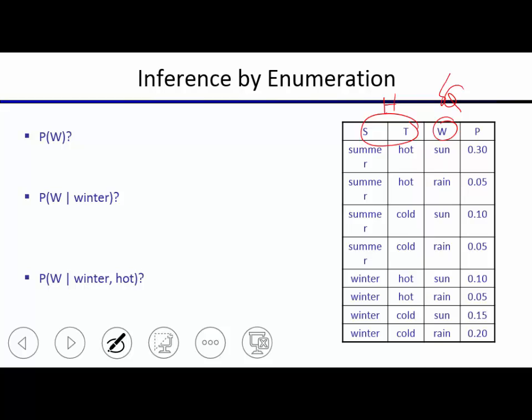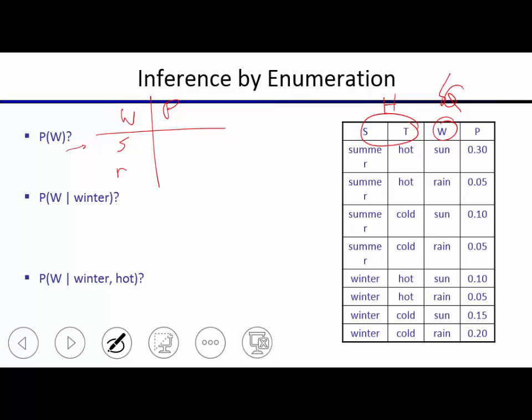Next step, we sum out over the hidden variables. So we're going to generate a table now that only contains values for the query variable. So we have a table where we just have W, which can be sunny or rainy. We'll have probabilities. The way we do it is we look at one row at a time, and we look at all entries in the original table that are consistent with this and consistent with the evidence.